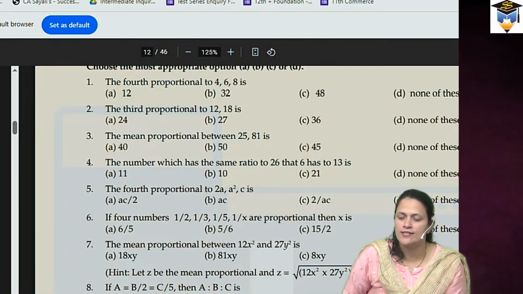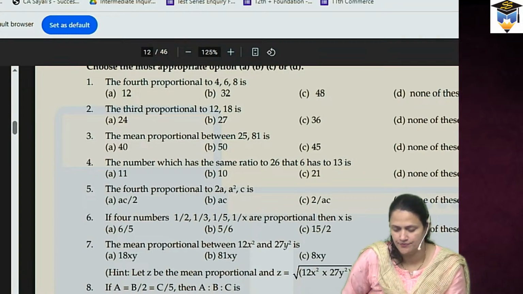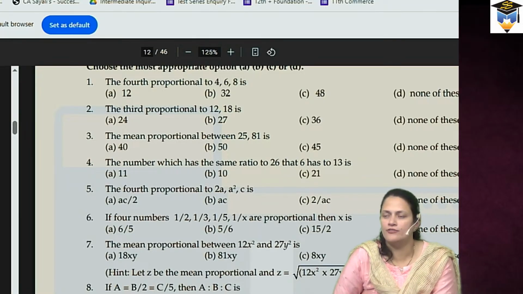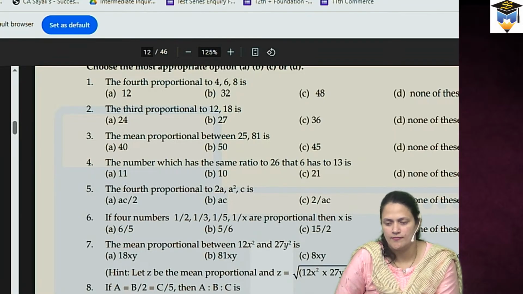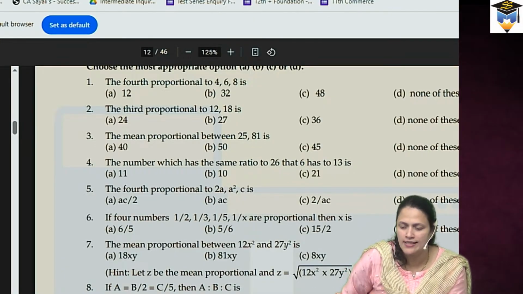So fourth sum, the number which has the same ratio to 26, that 6 has to 13. What is the meaning of this? The number which has the same ratio to 26, that 6 has to 13. X upon 26 is equal to 6 upon 13.